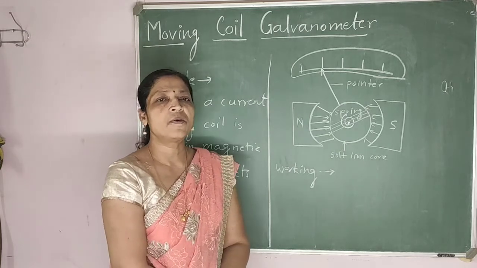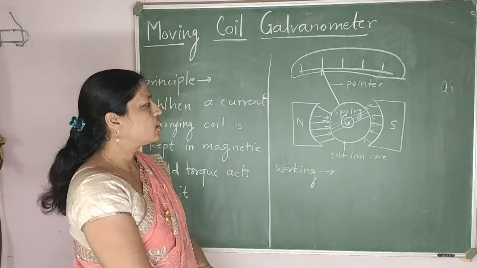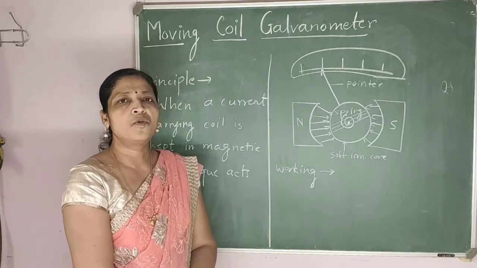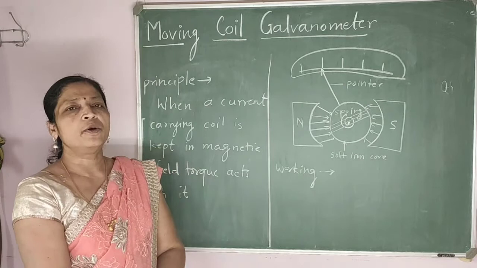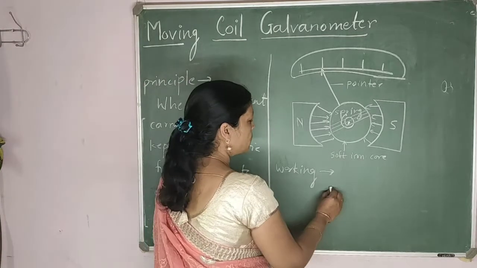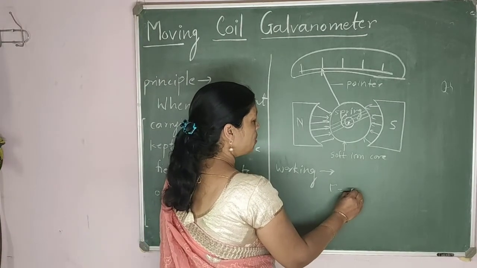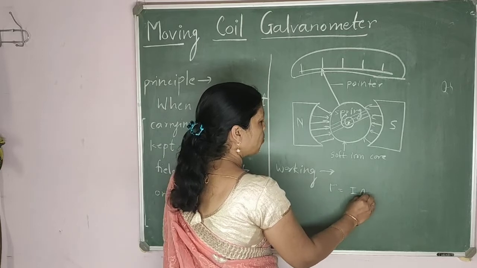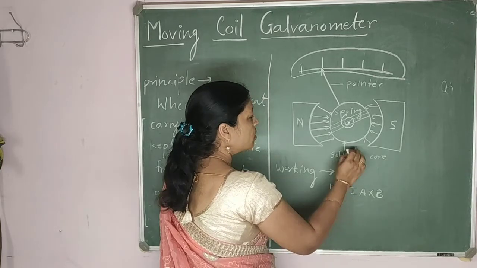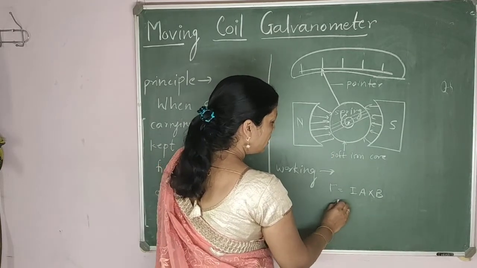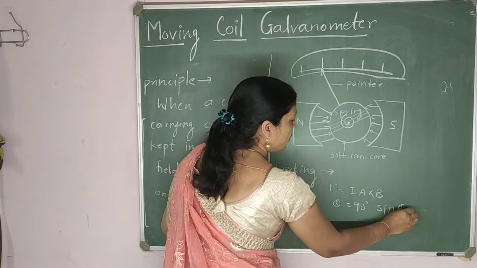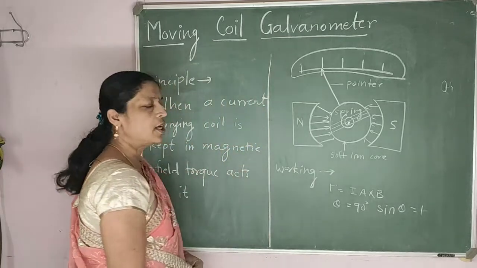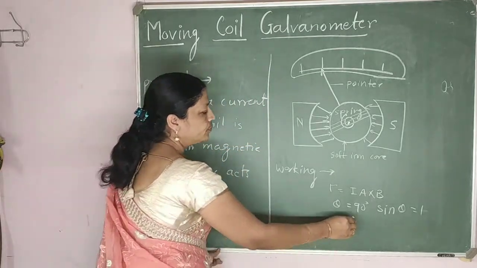According to Fleming's left hand rule, when we have a current in a magnetic field, force will act on it, and the force is such that it will produce a torque. We have seen the expression for torque, which is equal to IA cross B. Here the field is radial, so theta is 90 degrees. So sin theta becomes equal to 1.